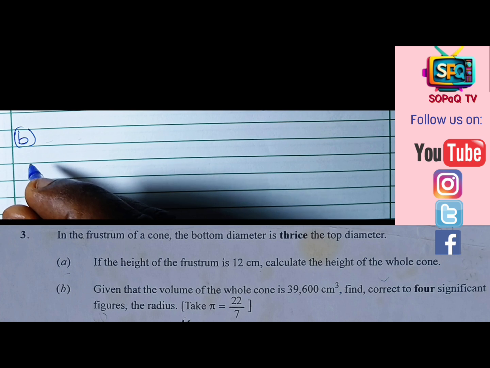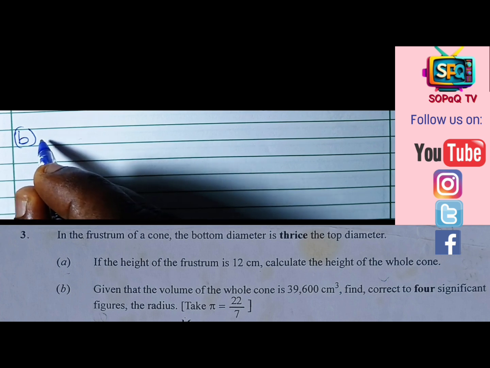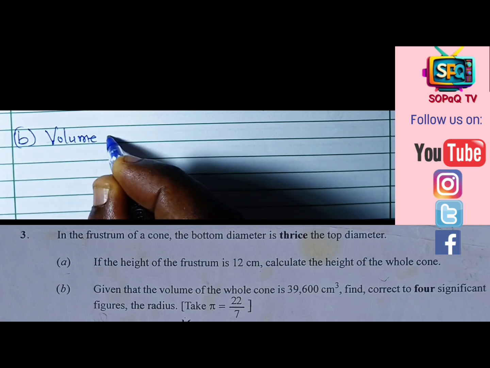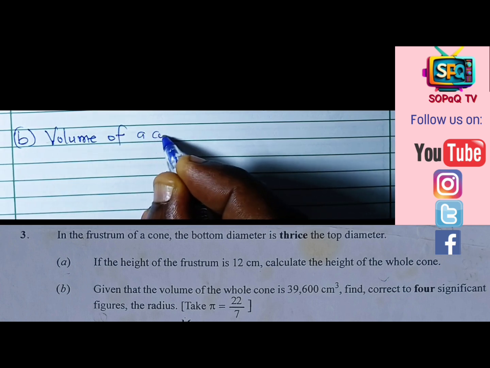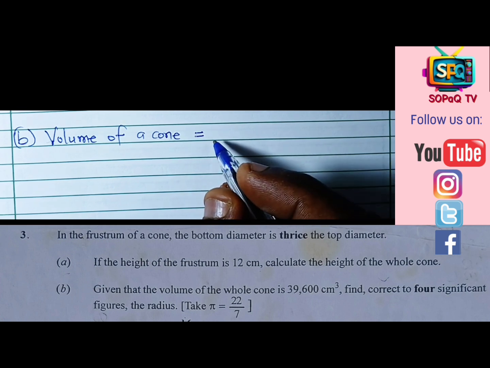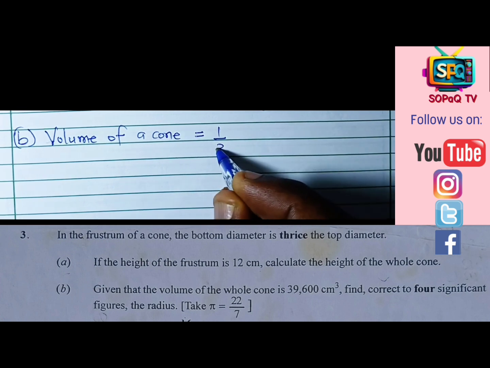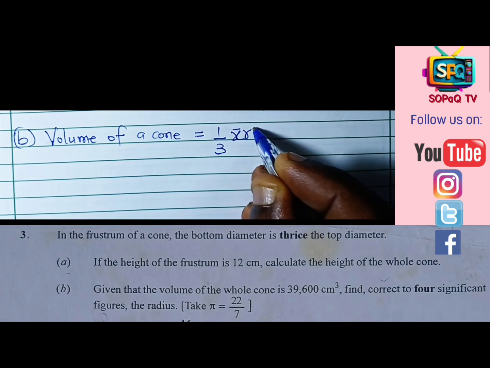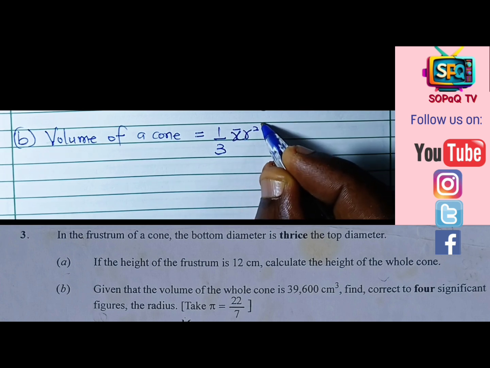The B also says, given the volume. So the volume of a cone, as we know, is 1/3 pi r squared h.